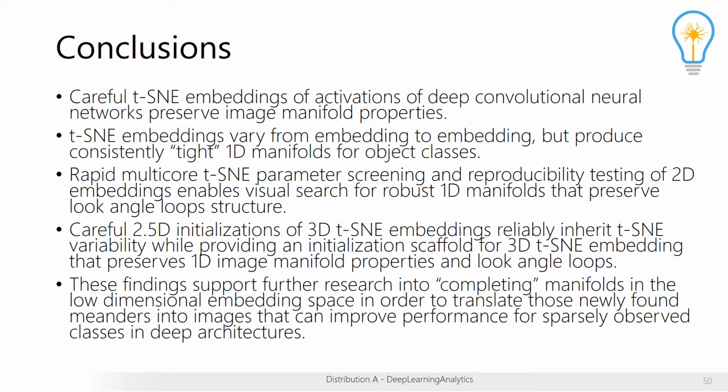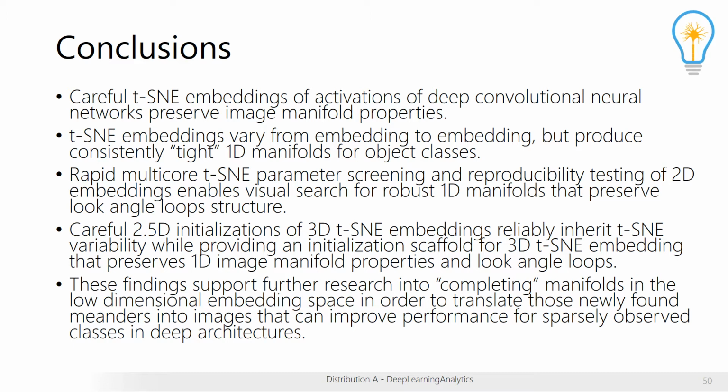In conclusion, careful t-SNE embeddings of activations from deep convolutional neural networks preserve image manifold properties. While t-SNE embeddings vary from embedding to embedding, they produce consistently tight 1D manifolds for object classes.